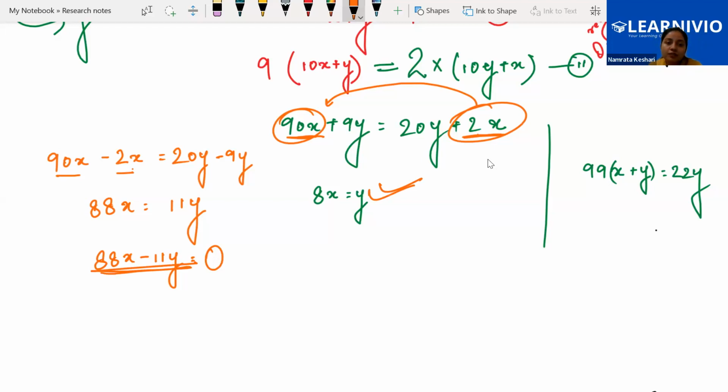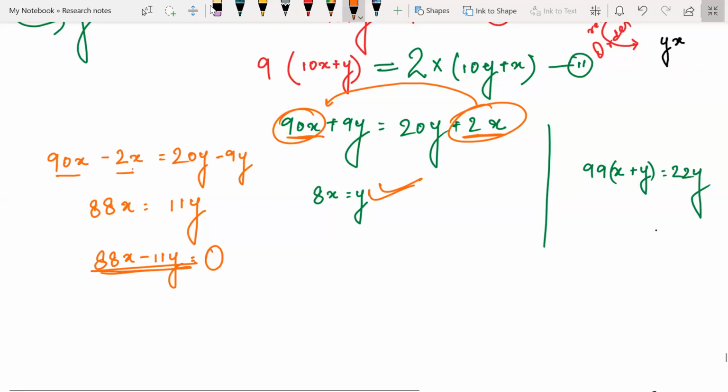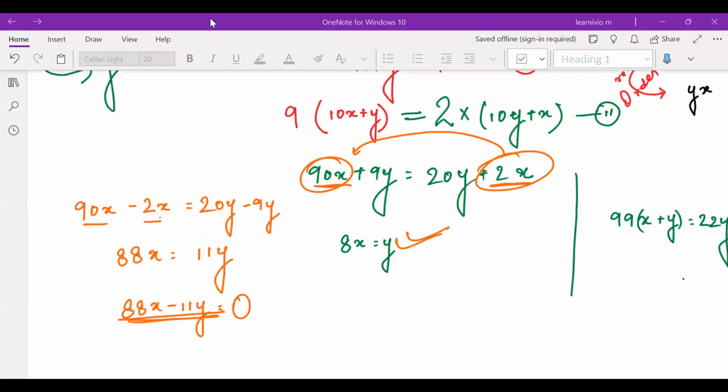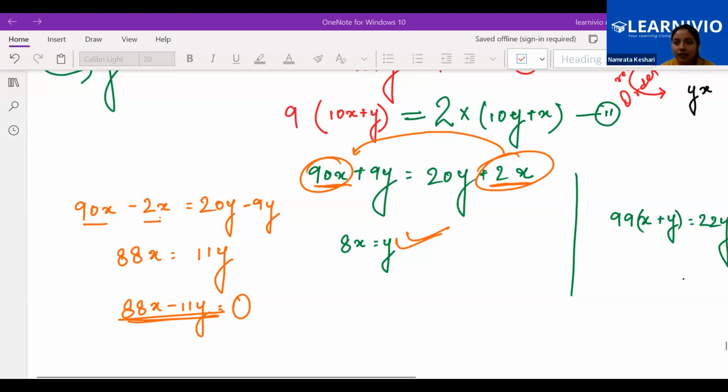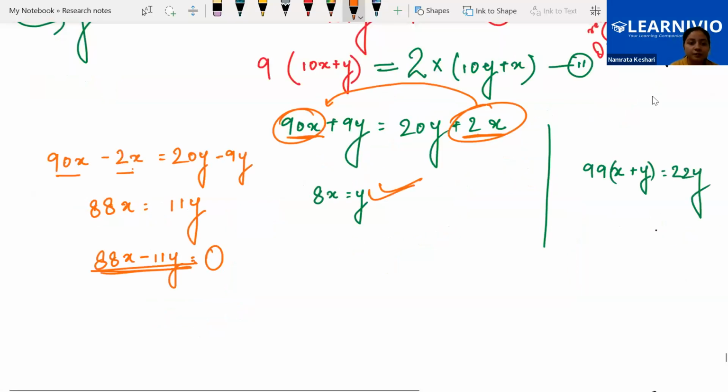What can be taken as a common factor? 11 can be taken as a common factor, right?